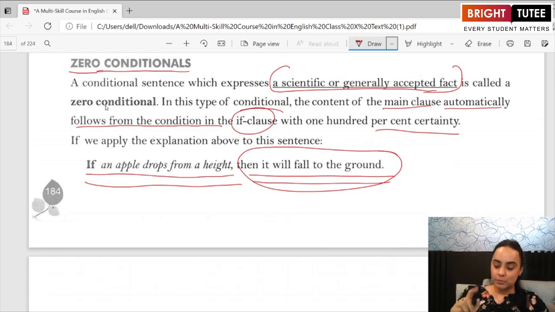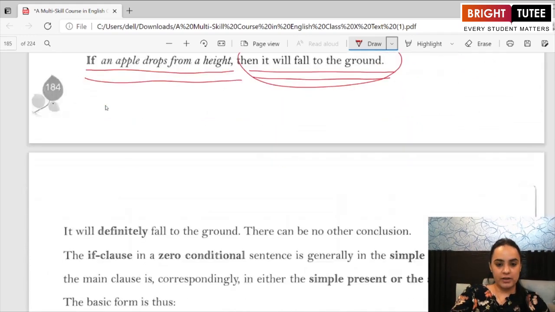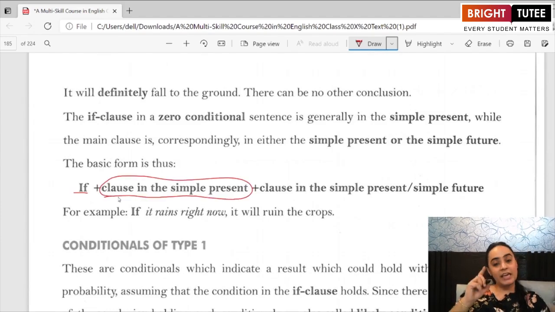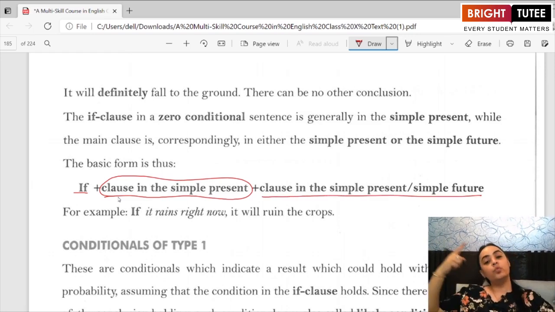Let us look at the structure. If plus the clause in the present, if the apple drops from the height, and then the main clause in the simple present or the simple future, it will fall on the ground.